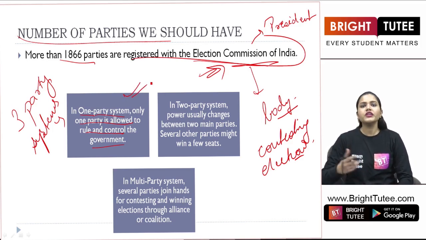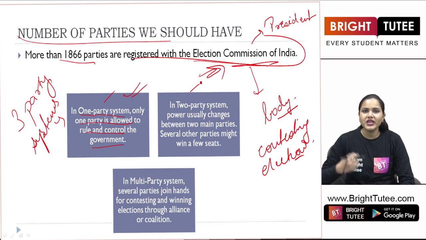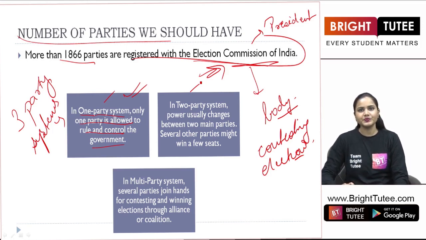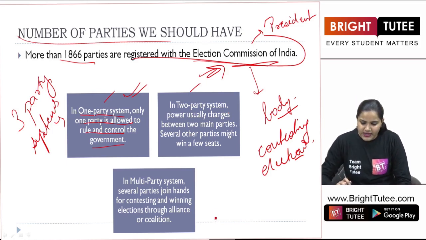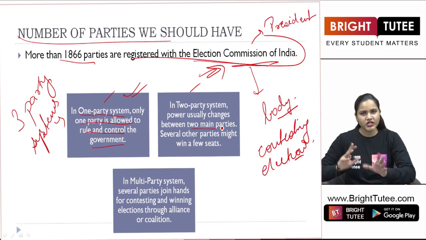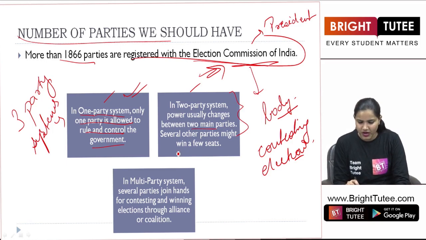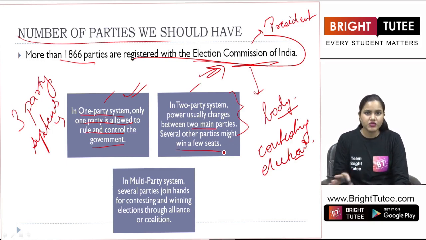One by one, we are going to discuss all these party systems in detail here. But let us try to understand the meaning of these party systems. So, in two-party system, power usually changes between two main parties. So, there are two dominant parties and the power is basically exchanging between these two parties here. Now, several other parties might win a few seats.